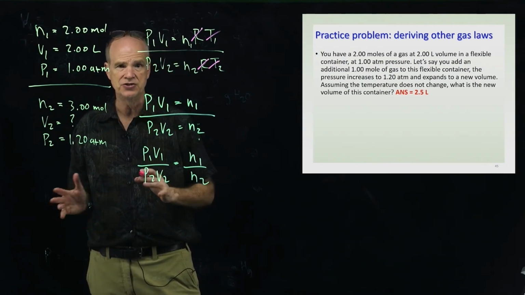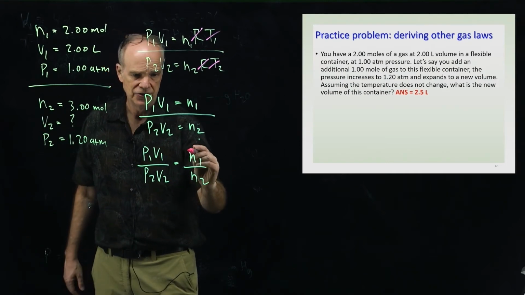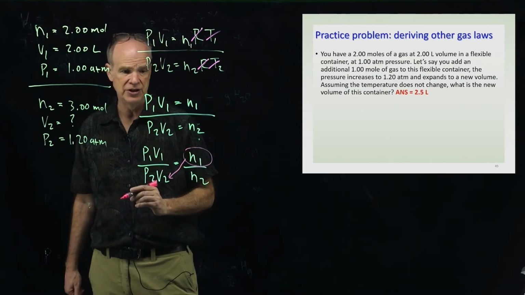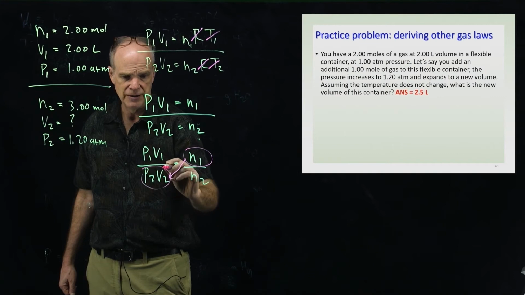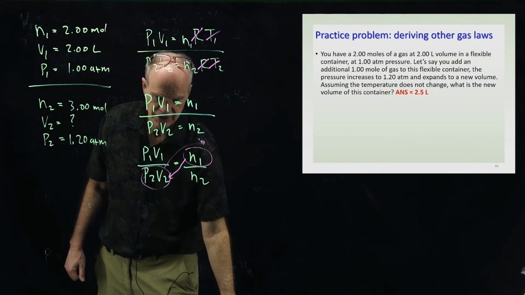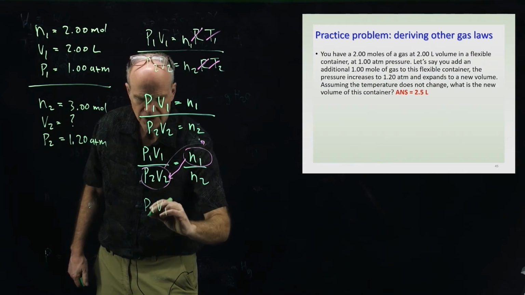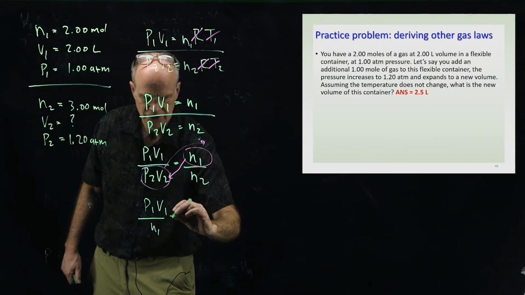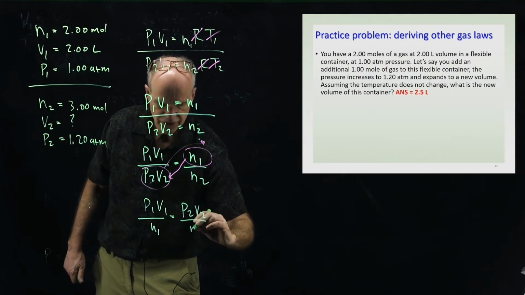So let's get the initial conditions on one side of the equal sign and the final conditions on the other side. I'm going to move N1 here to the denominator on the other side of the equal sign. I'm going to move P2V2 here in the denominator to the other side of the equal sign. So let's see what we get. We get P1V1 divided by N1 is equal to P2V2 divided by N2.